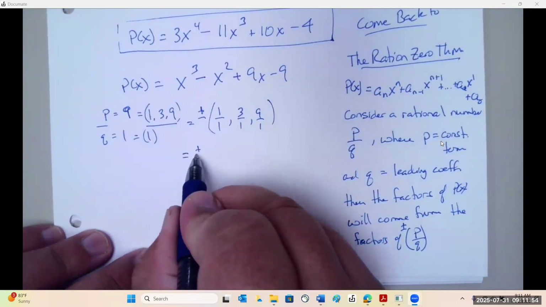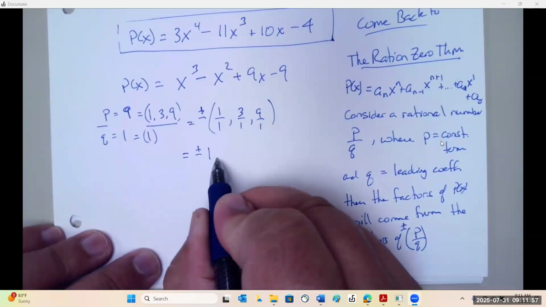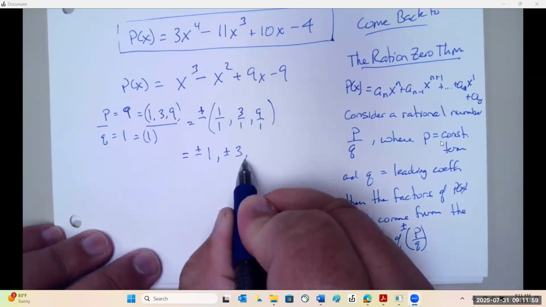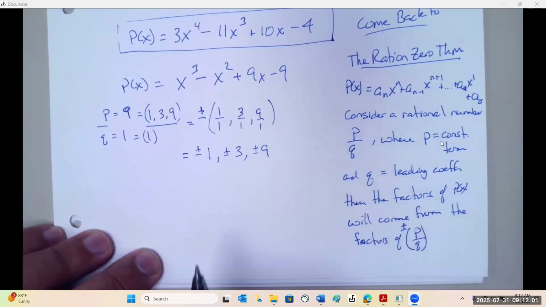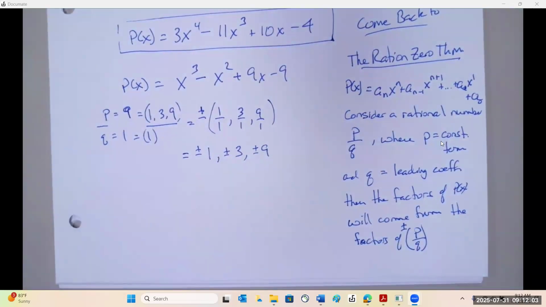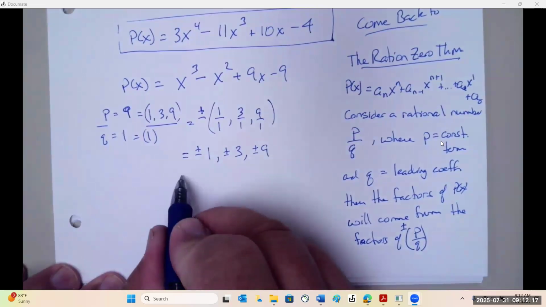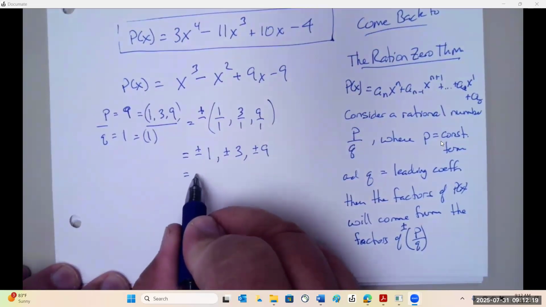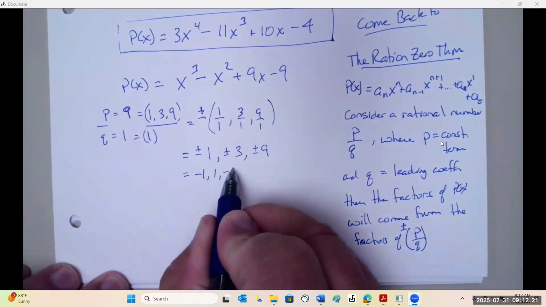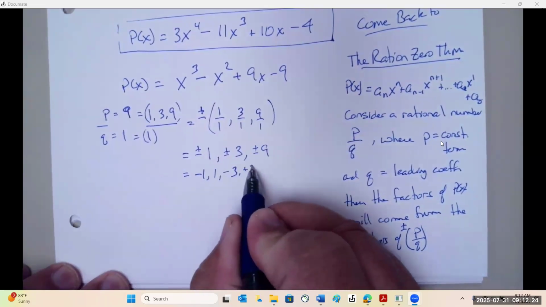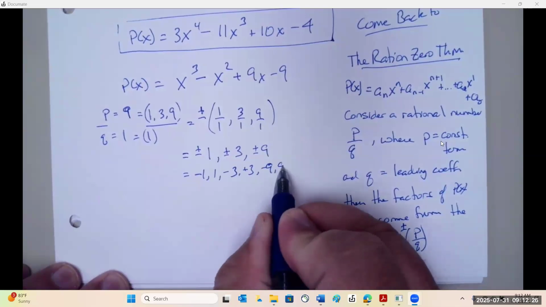So we can have plus or minus 1, plus or minus 3, or plus or minus 9 as our possible zeros. All right, so it could be -1, +1, -3, +3, -9, +9.